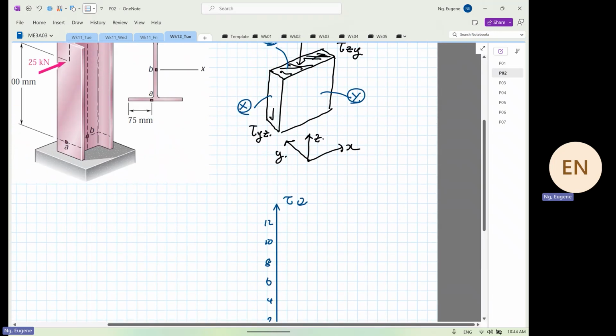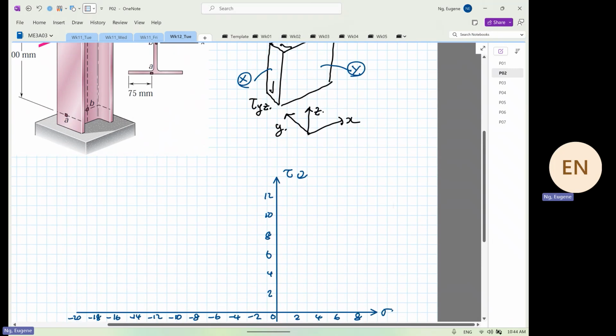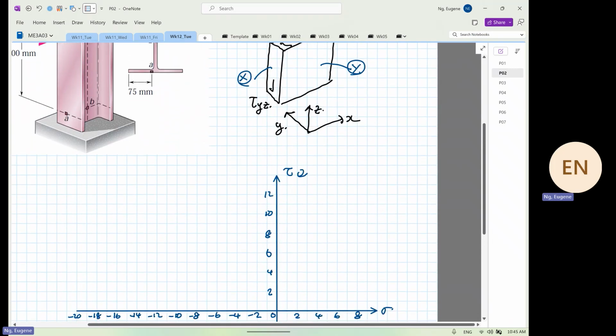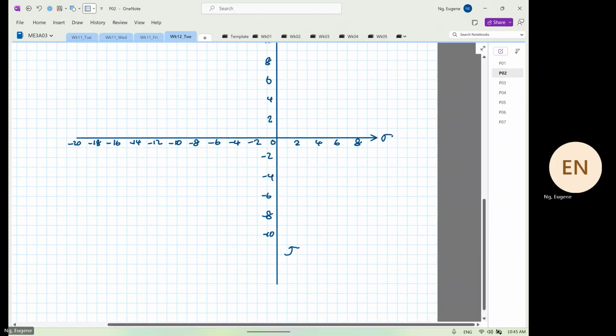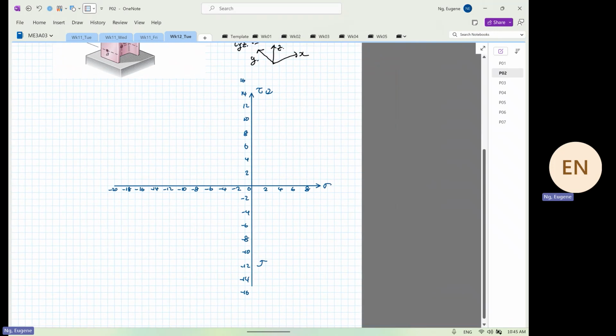What is my shear at? 14. Oh, I might need a bigger circle. Hold on. Let me see. 0. I'll start with it. 16, minus 2, minus 4, minus 6, 8, 10, minus 12, minus 14 and minus 16. If not enough, I can shift a bit.